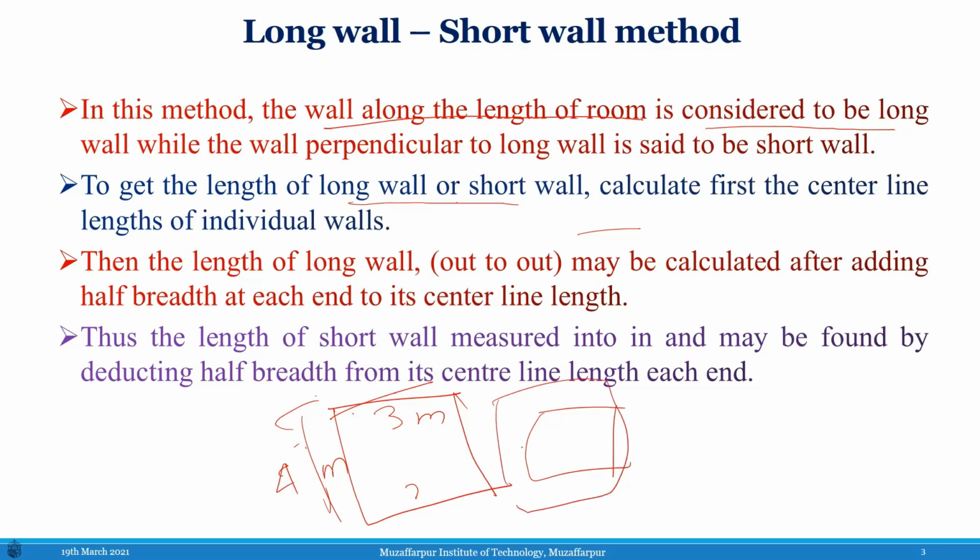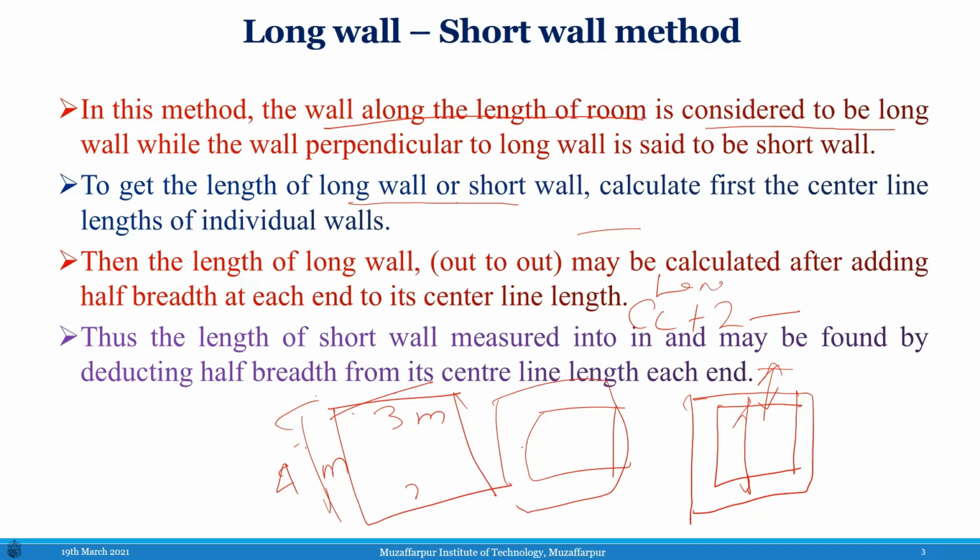Let's say you have a room like this, and you have been given a plan like this. First you need the center line, the center to center distance of this line. The length of the long wall will be the center to center distance plus 2 times half of the width, that is the thickness of that particular component.